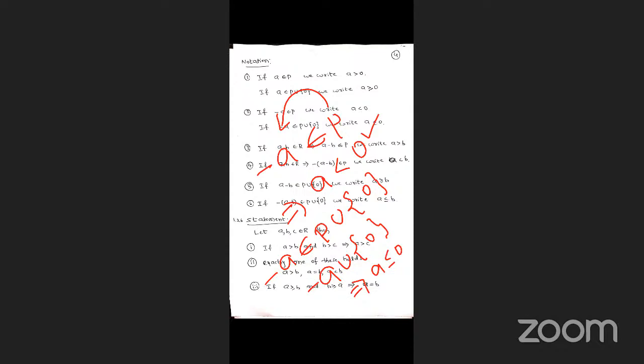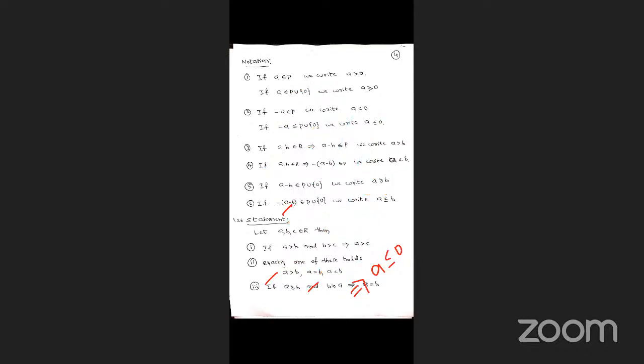This is the notation. The first notation gives A greater than or equal to 0, and the second notation is A less than or equal to 0.